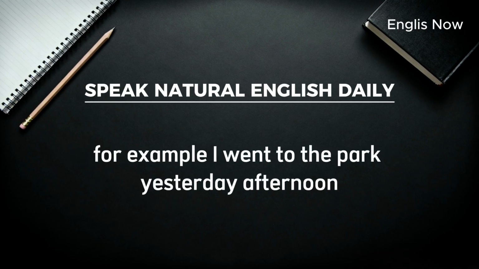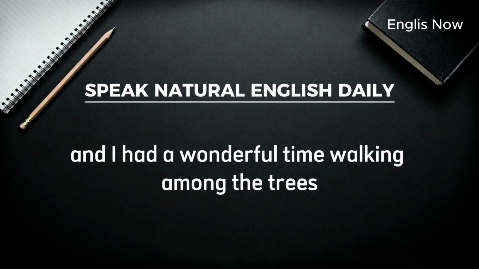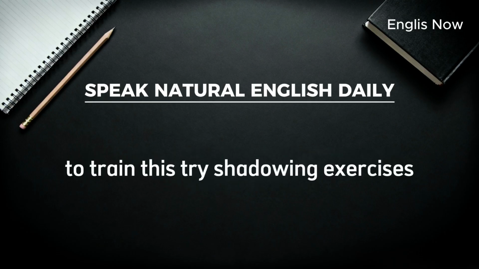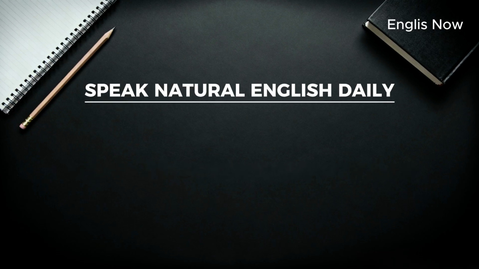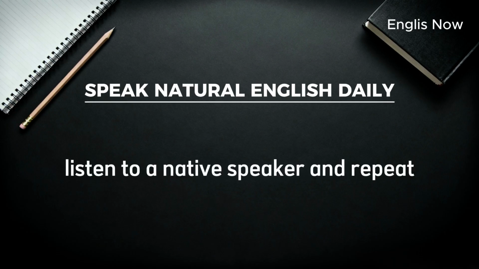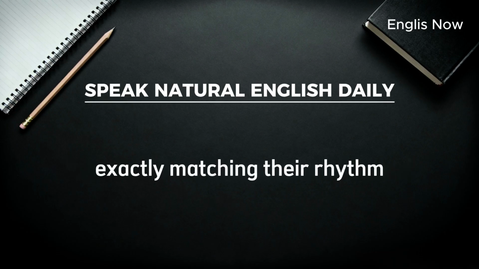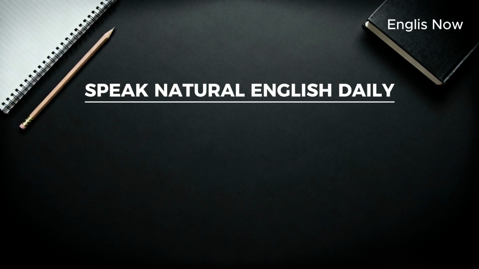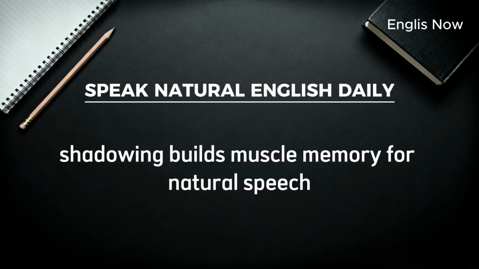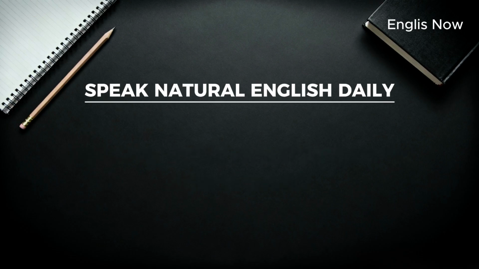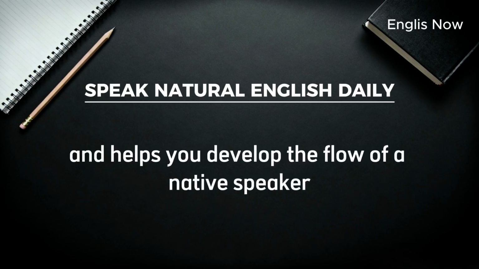For example, "I went to the park yesterday afternoon and I had a wonderful time walking among the trees." To train this, try shadowing exercises. Listen to a native speaker and repeat exactly, matching their rhythm. Shadowing builds muscle memory for natural speech and helps you develop the flow of a native speaker.